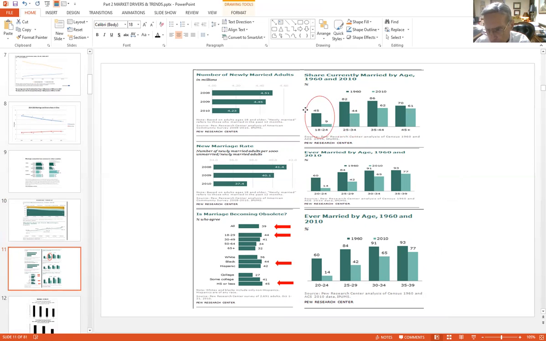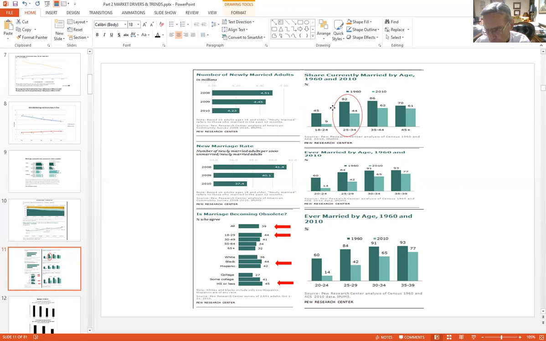The portion 18 to 24, the newly marrieds, there weren't too many in the most recent in 2010 who recently had been married, but that portion was a lot larger back in 2010. I'm sorry, back in 2000. In any event, doggone, I'll get it right yet, back in 1960. So in 1960, 9%, 2010, 45%.